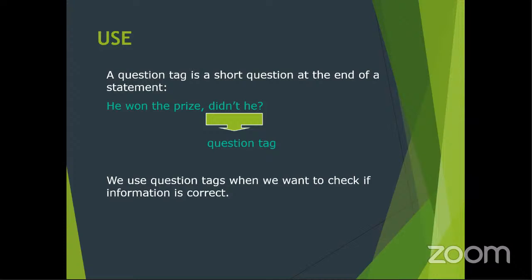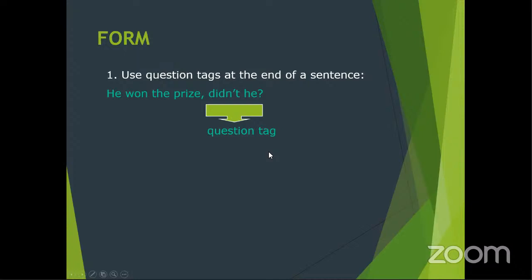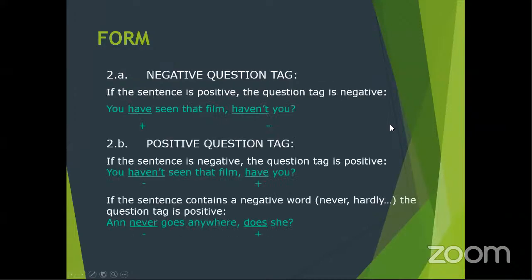We use the question tag when we want to check if the information is correct. This is the form. We use that question at the end of the sentence. As I said, negative question tag. If the sentence is positive, remember, the tag question is negative.